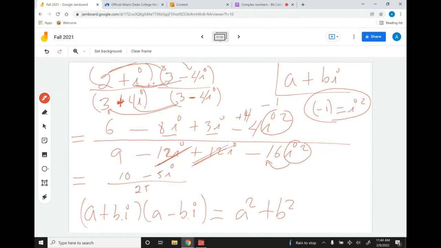So notice that at the bottom, you end up with a single number. The i's go away because the middle terms cancel, and the i squared turns into a negative 1, which I then multiply by the negative 16, and that positive 16 now added to the 9, that's where I get the 25 from.